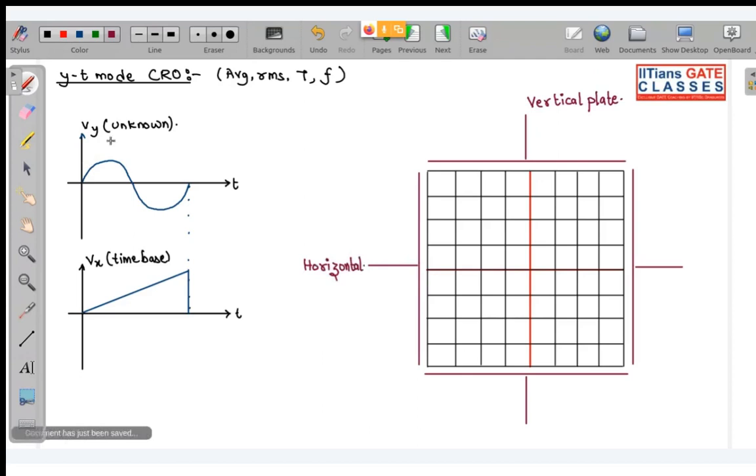Now you can see I want to plot this unknown signal on the screen of CRO. It's very simple. You can take different time instants over here, and the corresponding signal values you can take over here also.